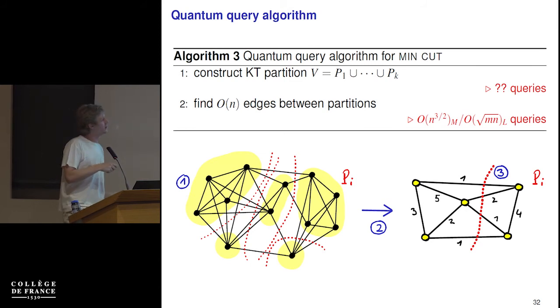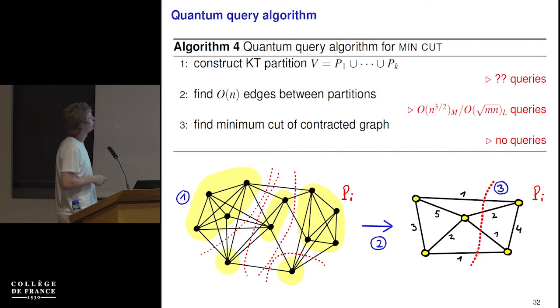In an adjacency matrix model, we basically look for n edges among the n squared entries of the adjacency matrix, so we get something that scales with n to the 3 over 2. In the adjacency list model, we have m entries, and we just want to find these n edges, so we get square root mn. Once we have found these edges, we can just contract these sets, because we'll never cut through these sets.